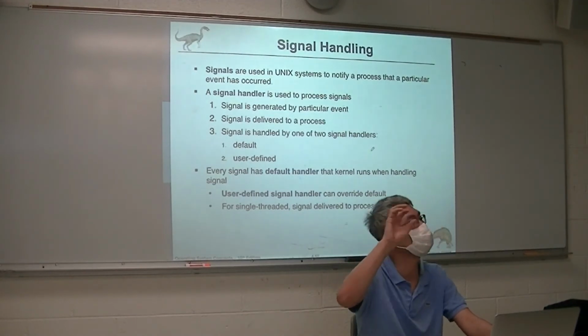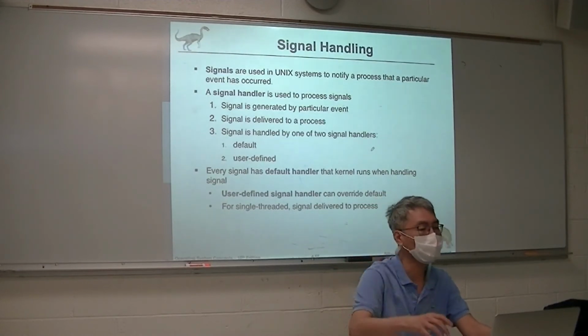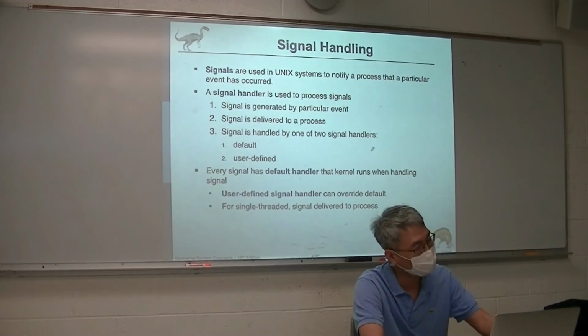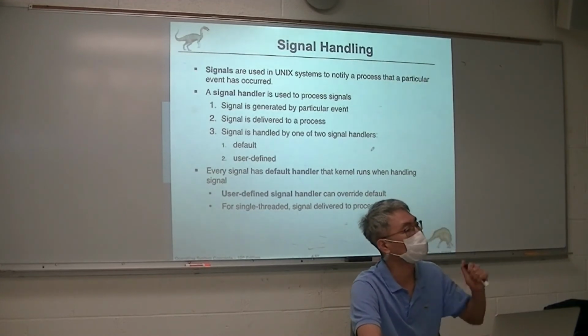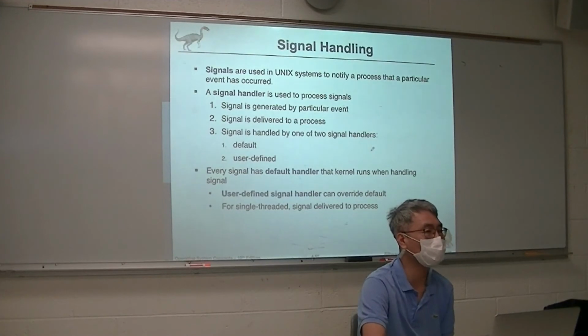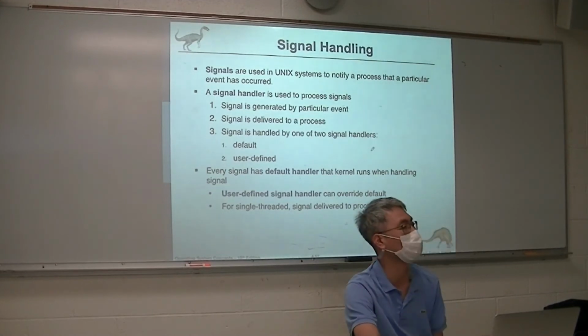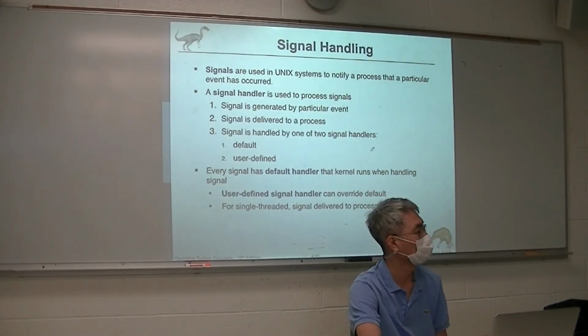That memory has the code, the action to run for that specific signal. For example, the most popular interrupt signal used in the operating system is divide by zero. What happens with divide by zero in a computer?